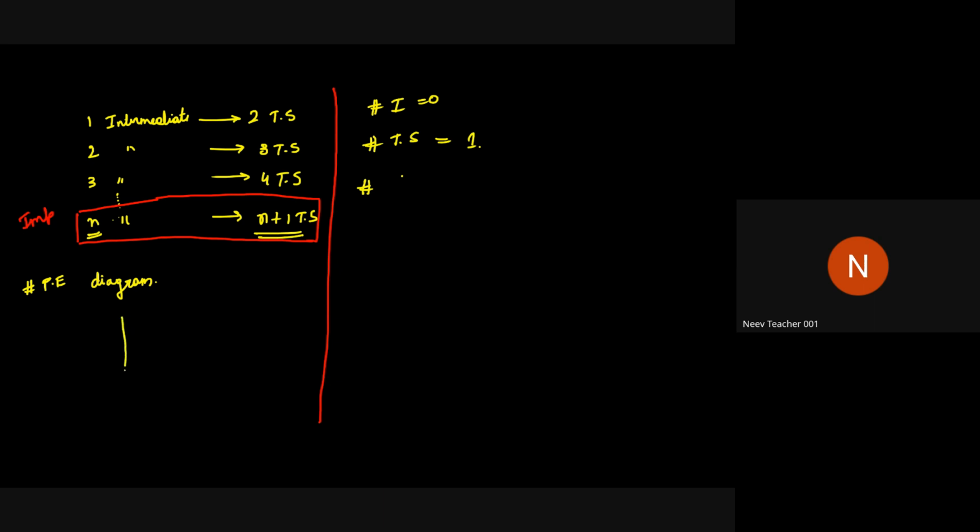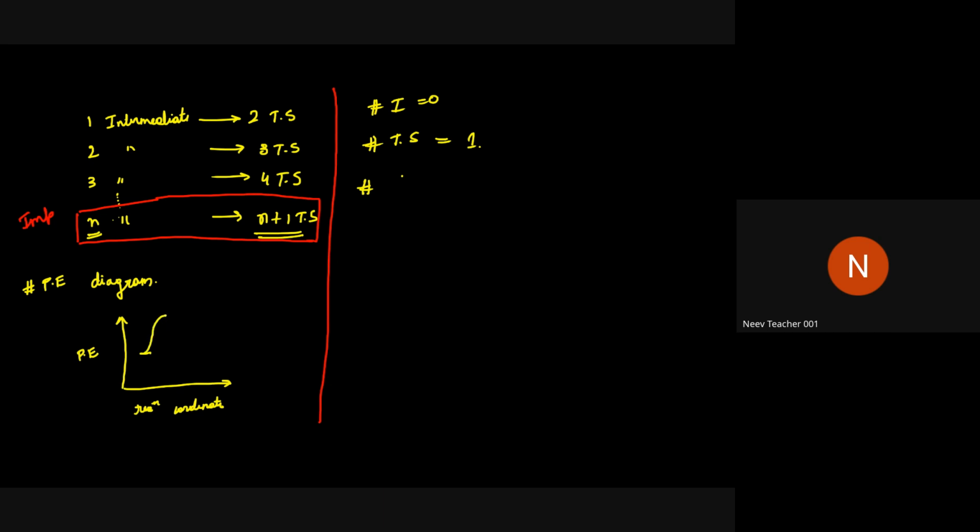In case of a PE diagram, how do we plot the graph? In the y-axis we write potential energy, and in the x-axis we write reaction coordinate. If this is my reactant, when a transition state is formed, the energy of the system is going to increase.